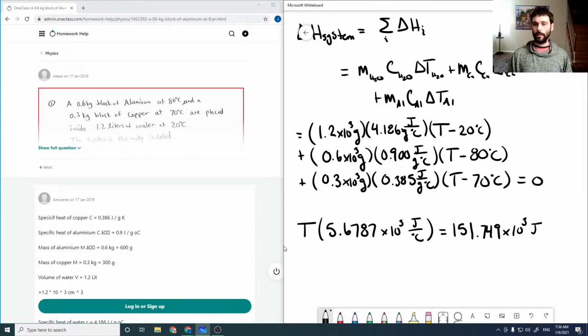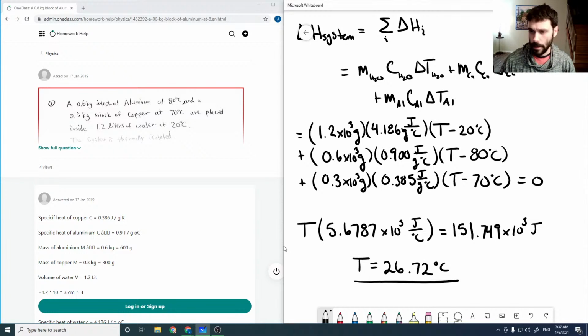Okay, so just collecting and rearranging to get to this point, and so then we can solve for our final temperature as 26.72 degrees Celsius.